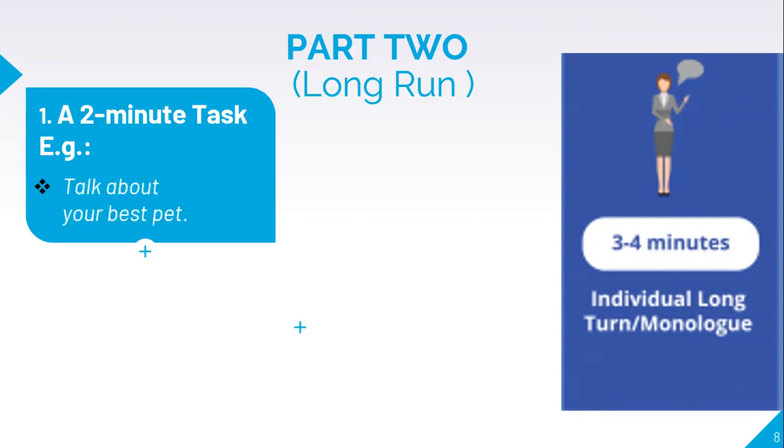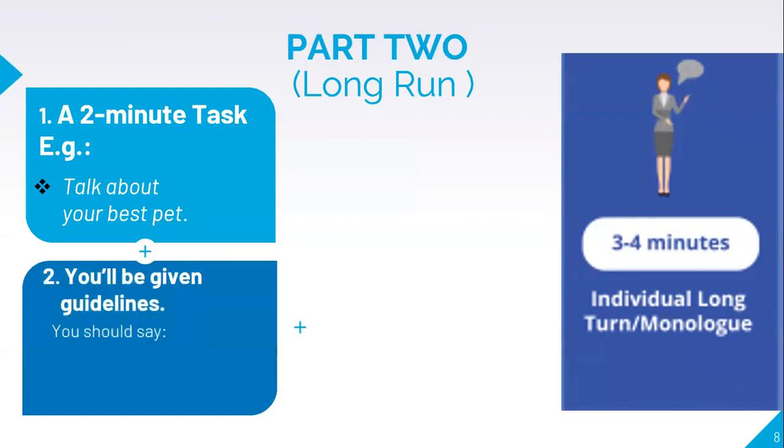For instance, the topic may be about pets and you can be told, talk about your pet. So you will be given a paper. For now, you'll be given a question like what you see. Talk about your pet. So 2 papers will be given to you. One will be the paper that has a question, and the question doesn't come alone. The question comes with guidelines, okay?